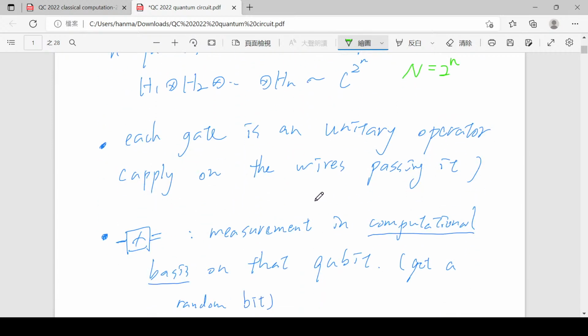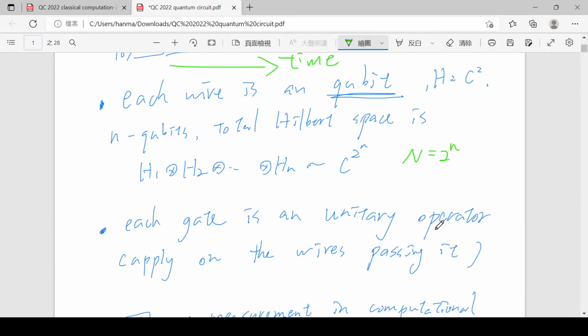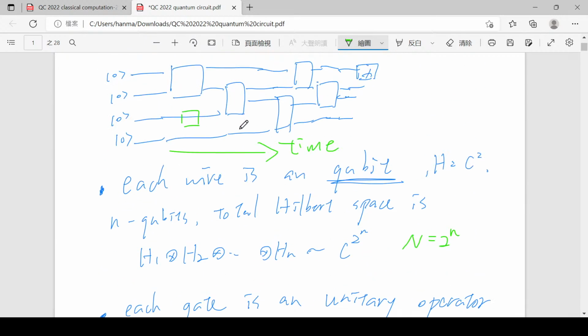And as we said from the very beginning, all quantum operations should be unitary, mapping your state from a unit vector to another unit vector. So all those gates are unitary operators, and they apply on the wires that are passing through them in this picture.